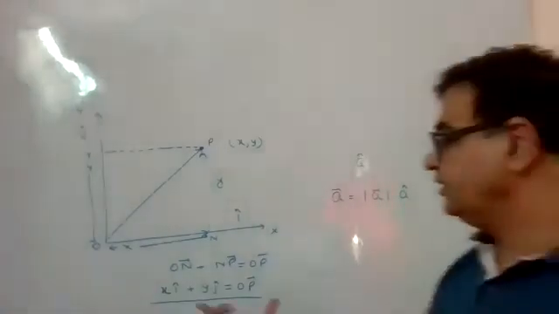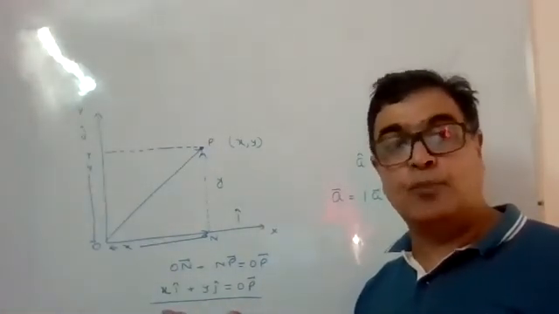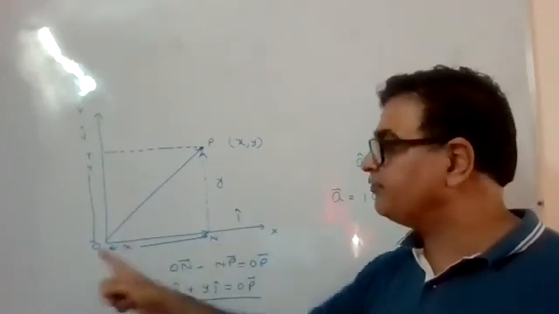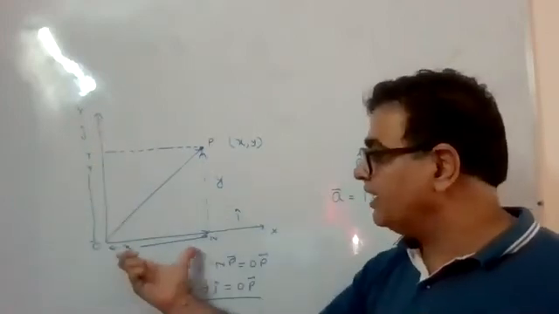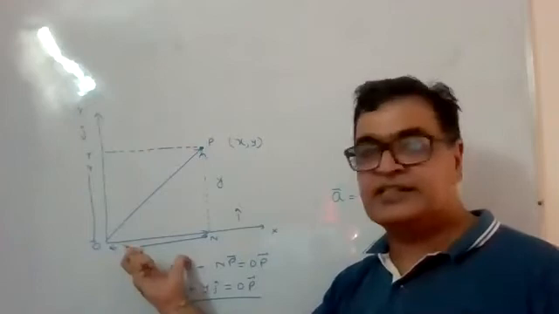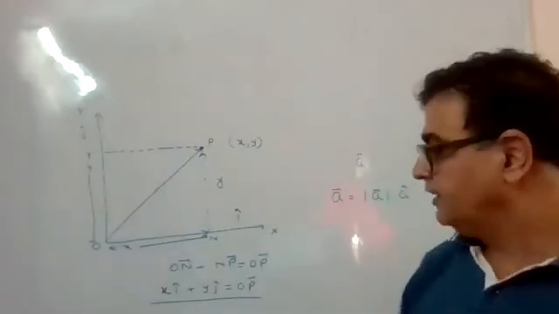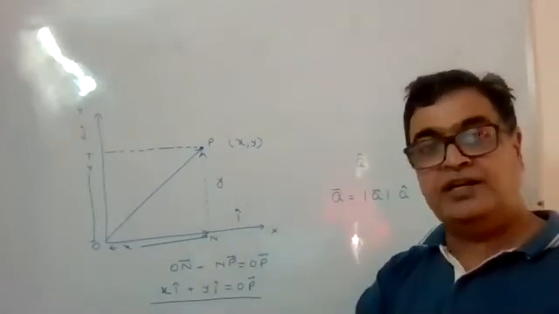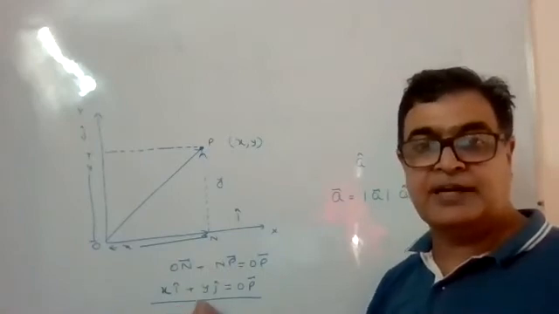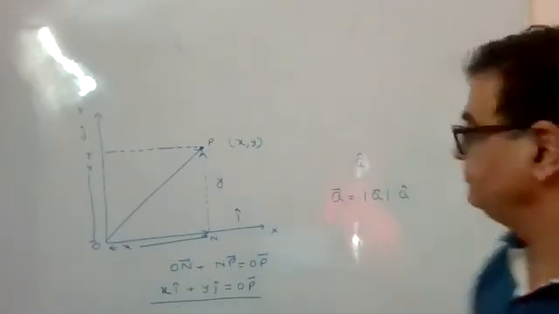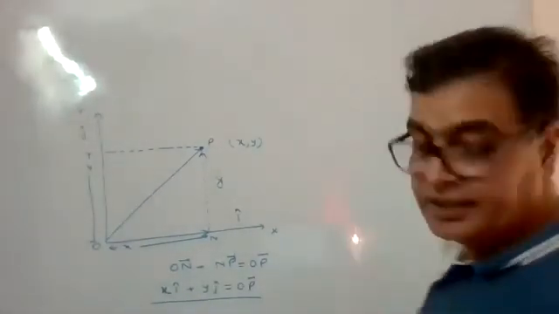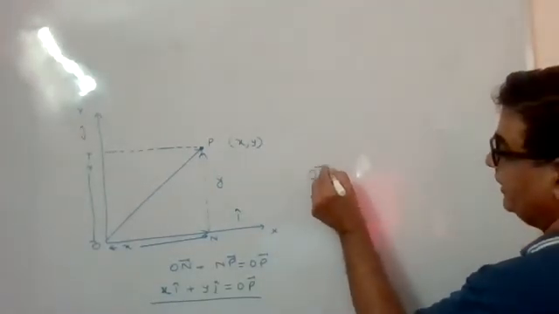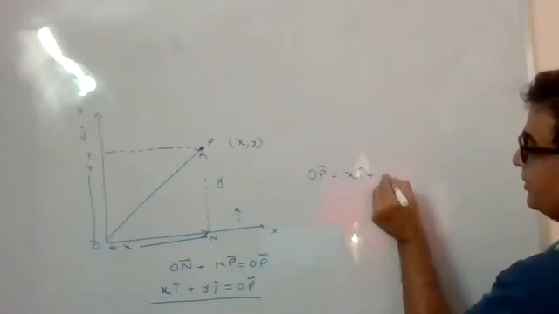Now this is called the vector in its component form. These are called components: the component along the x axis, which is x, and along the y axis, whose coordinate is y, is called the component of this vector along the y axis. So this vector OP is the position vector of point P, and in component form it is written as xi plus yj. So remember that in the two-dimensional case, if you want any position vector, you should have xi plus yj.